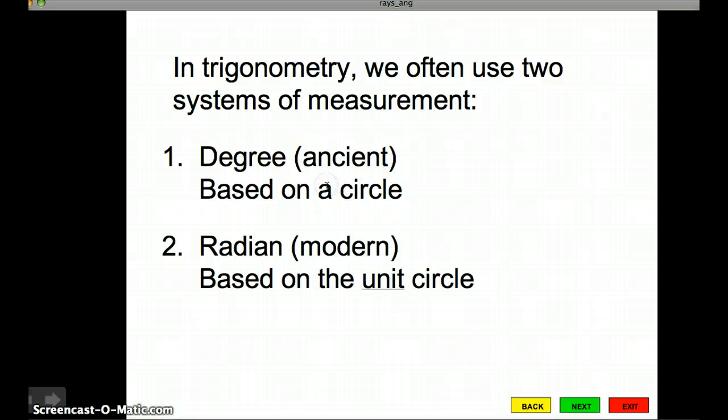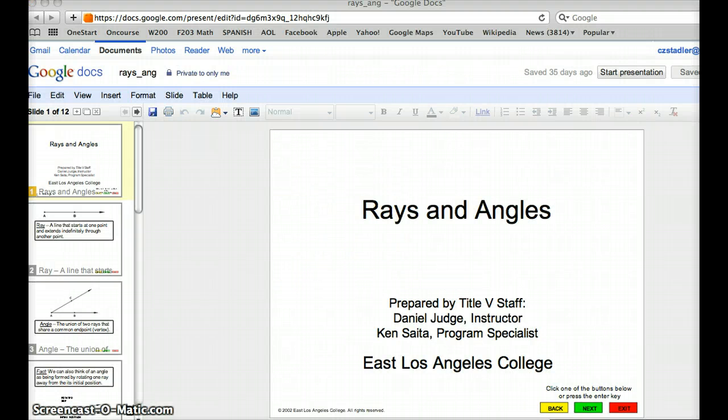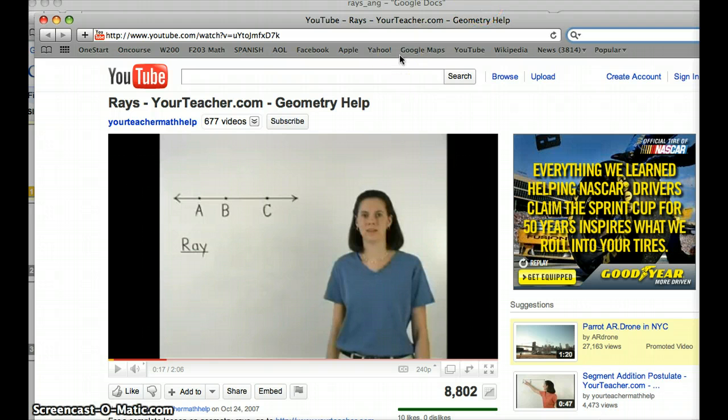After the teacher is done with this slideshow, the students should be able to get a great idea of what a ray and an angle is. To further explore the content of rays and angles, I've pulled up another great tool, which is just simply a YouTube video of rays.